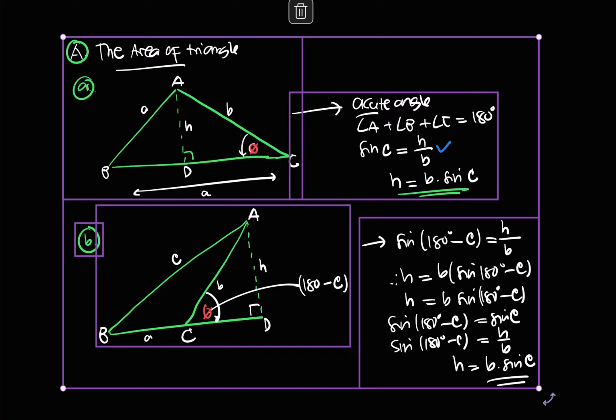Now let's see the questions, the one that we can use to understand. Before that, we know that in general, the area of a non-right angle triangle equals half times a times h.